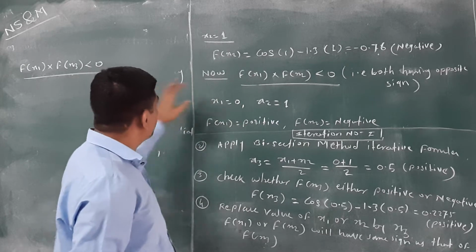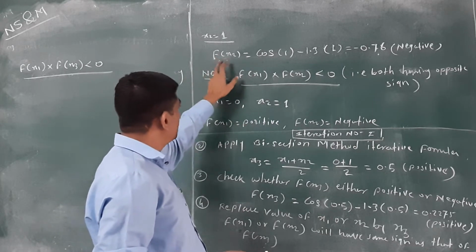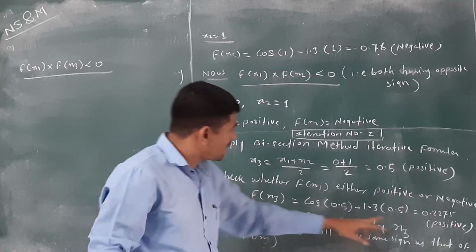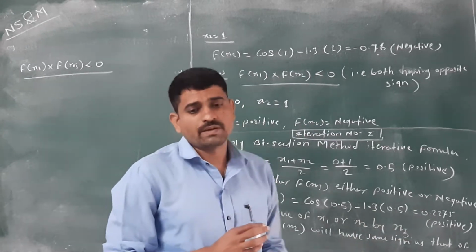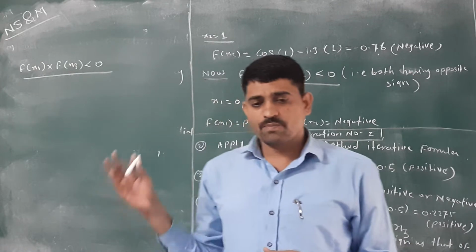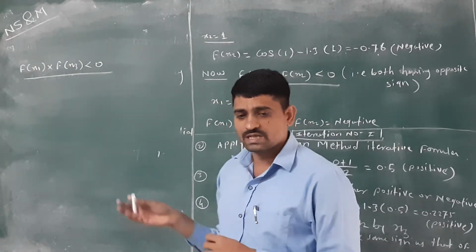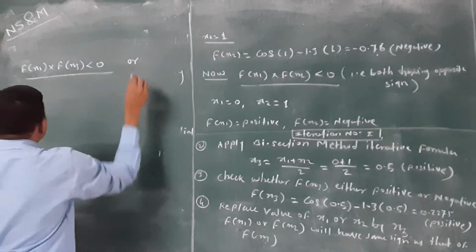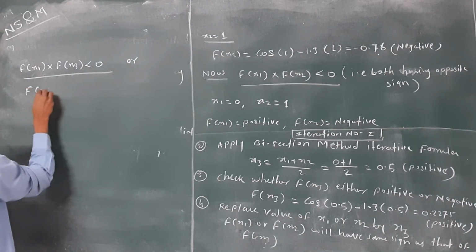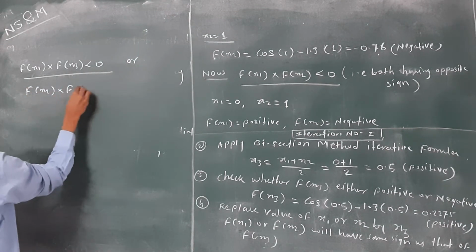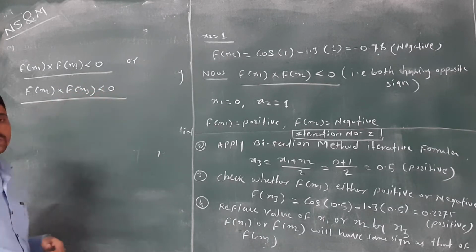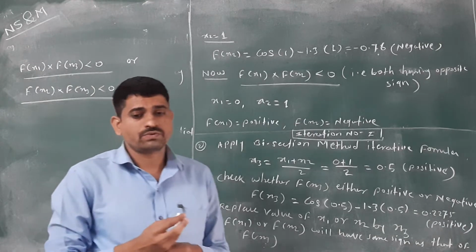Suppose f of x1 has a positive sign, f of x2 has a negative sign, and f of x3 again has a positive sign. Then we can write f of x1 into f of x3 is less than 0, or we can write f of x2 into f of x3 is less than or equal to 0.